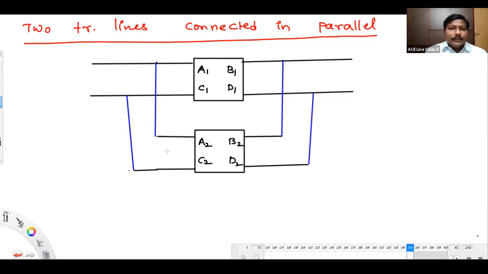On this side, you'll have VS, IS, and on the other side we have VR, IL. VS, IS, VR, IL.